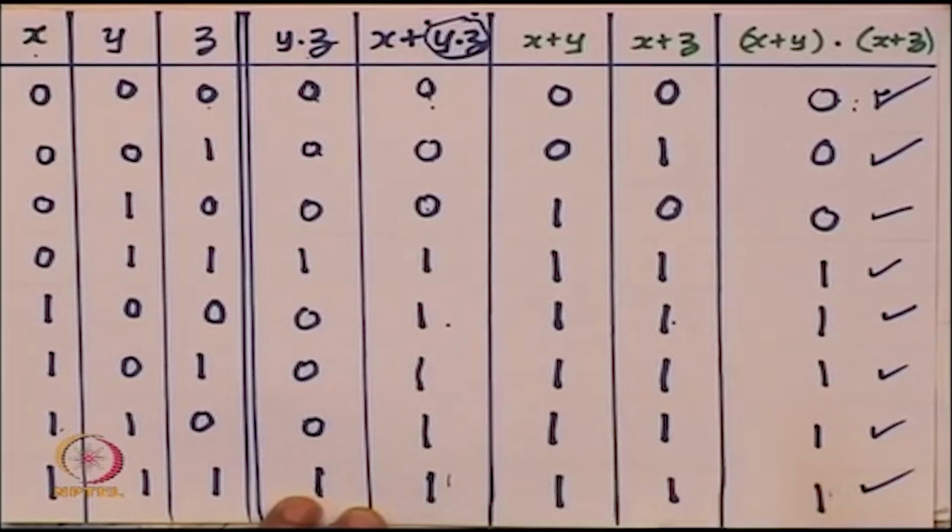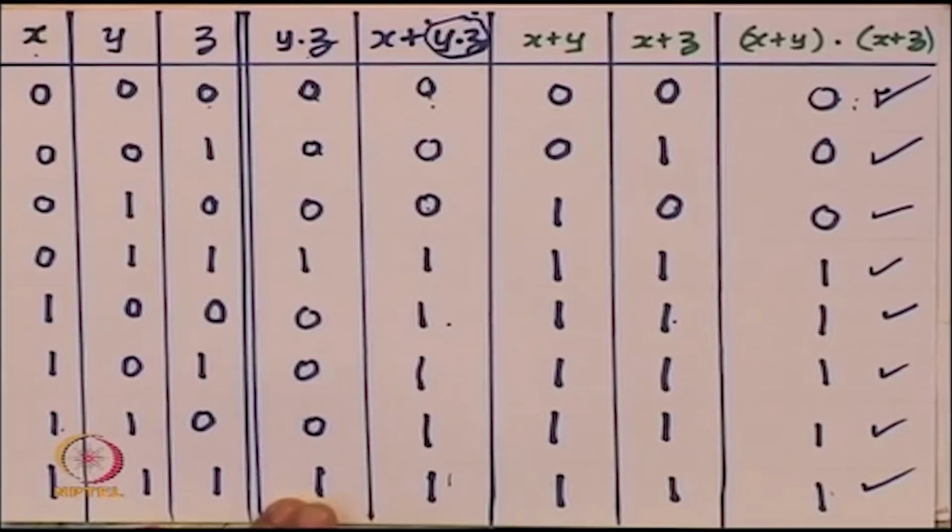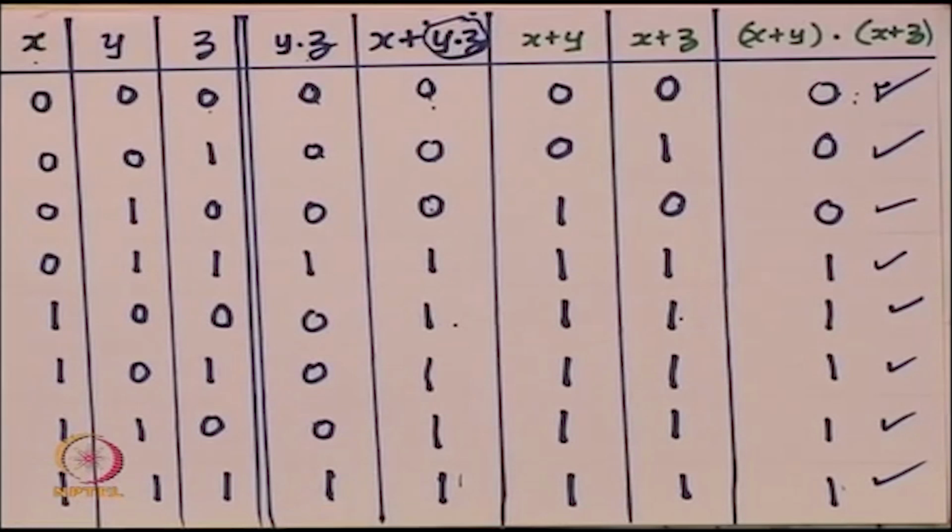If I want you to show that something is equal to something, you can always go to the LHS, get a truth table for it, go to the RHS, get a truth table for it, and show that these two columns are equal. This will work well if you have very few inputs. This may not work well for bigger number of inputs or for other functions, but at least there is a fallback option, a safe option that you can always resort to if you do not have any other technique to solve this problem.